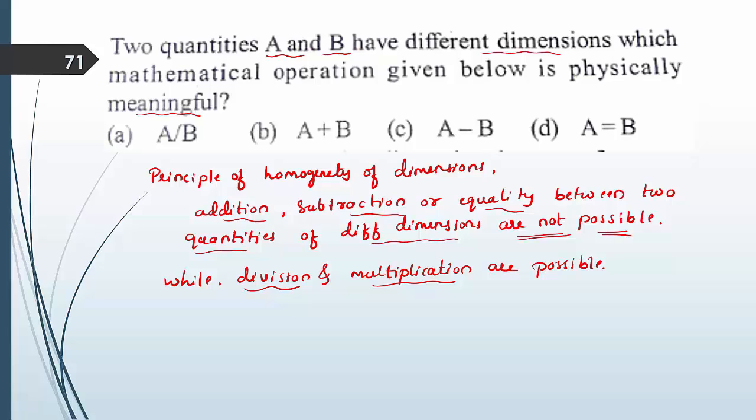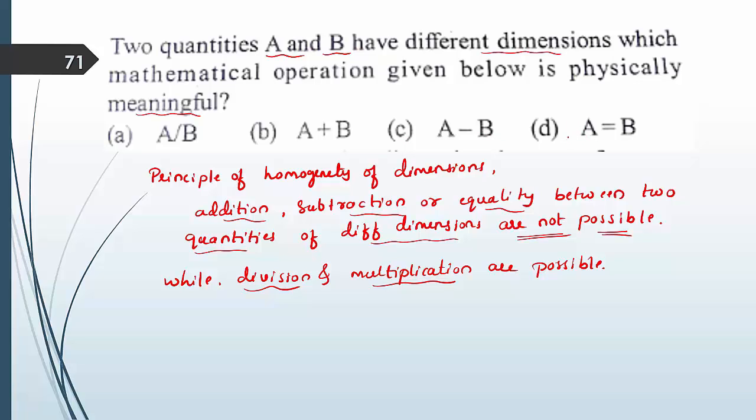That means if the quantities have different dimensions, then you can multiply or divide, but you cannot add, subtract or equate. Right? So now you can observe the given options. Option A, A over B. Option B, A plus B. Option C, A minus B. Option D, A equal to B.